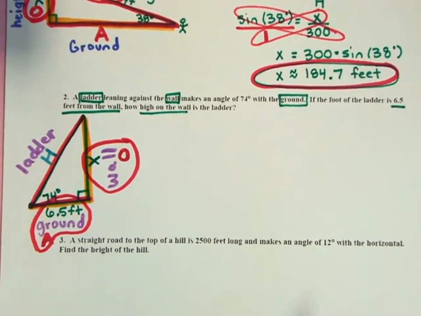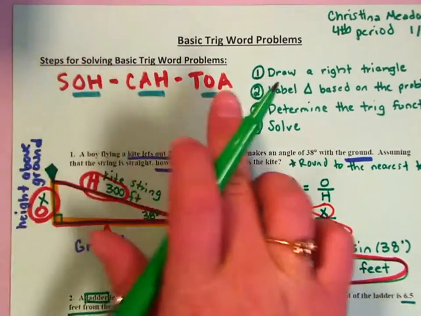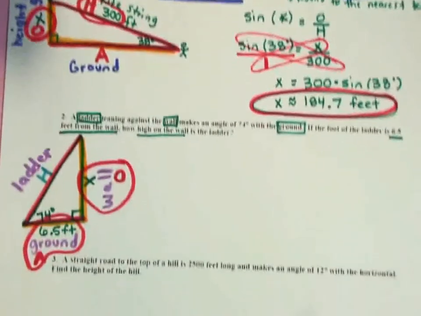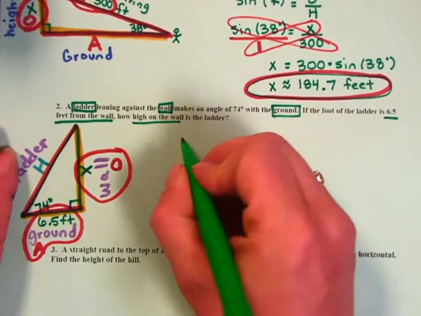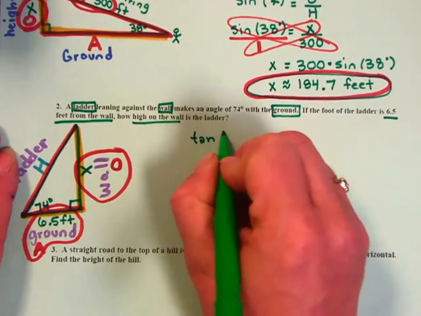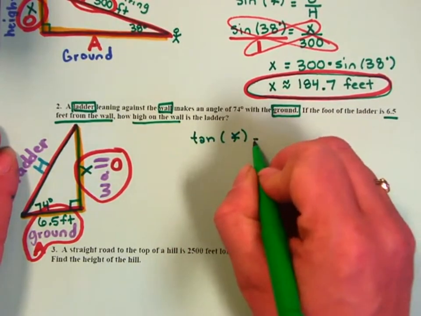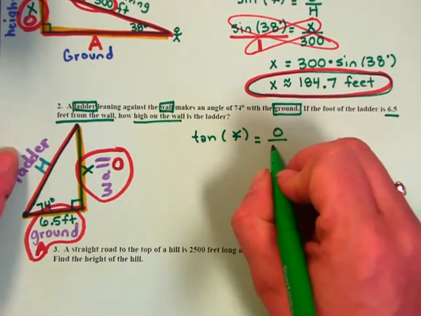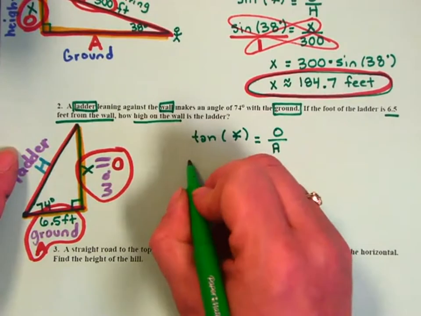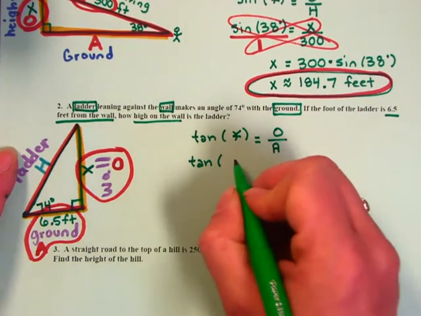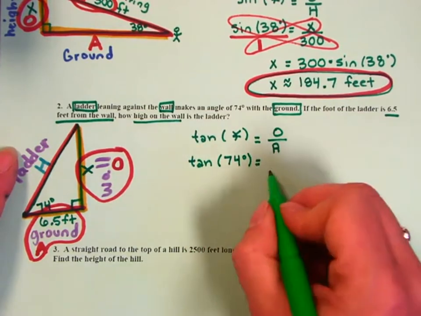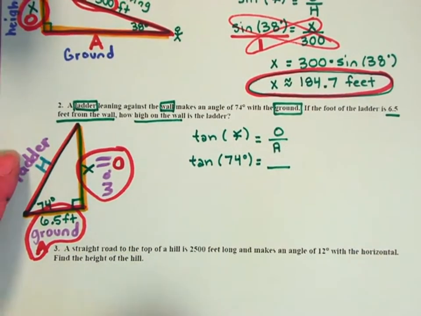Opposite and adjacent make which trig function? Opposite and adjacent make tangent. So we have the tangent of an angle, we're just going to remind ourselves, is opposite over adjacent. So we have the tangent of 74 degrees is equal to, what is my opposite?